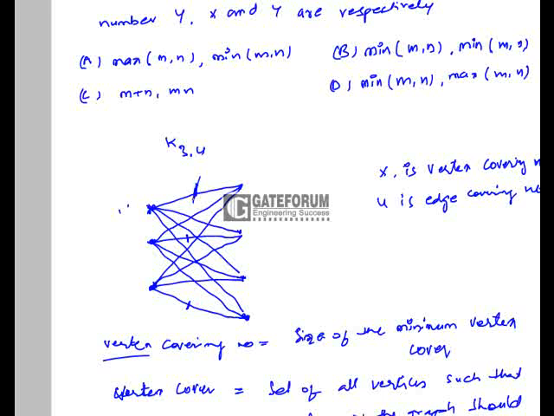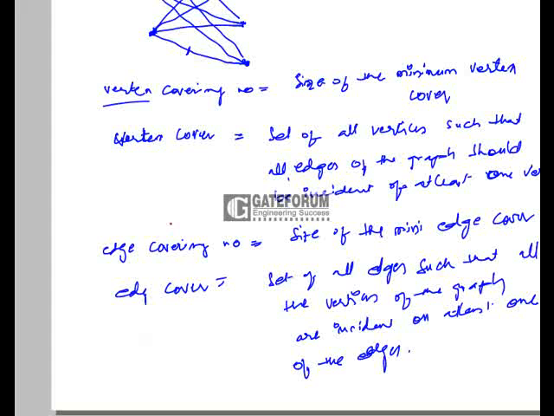That means there is at least one vertex which is not incident on any of the edges. So we should take a minimum of 4 edges in order to cover all the vertices. So here the edge covering number is 4.